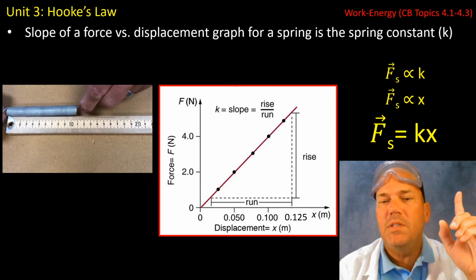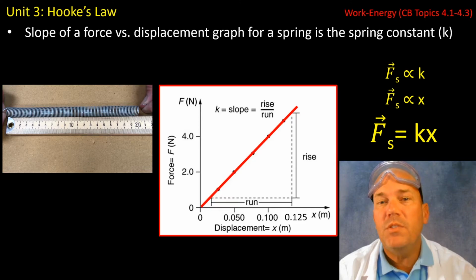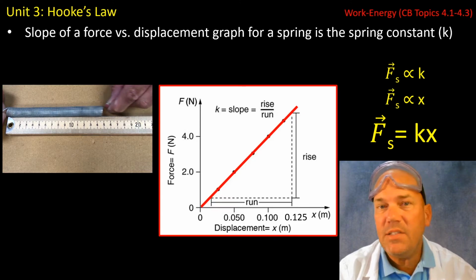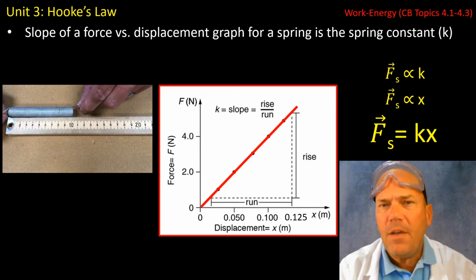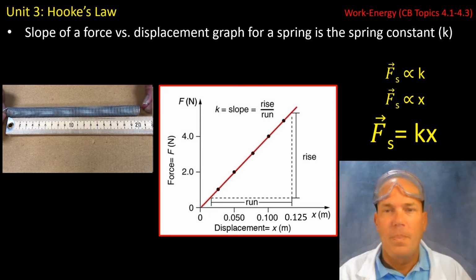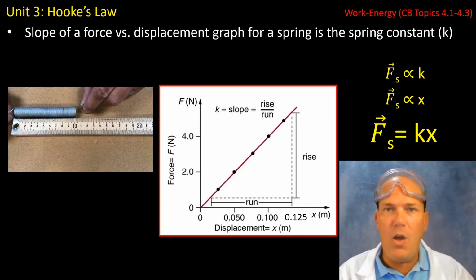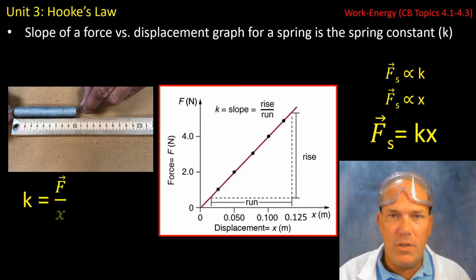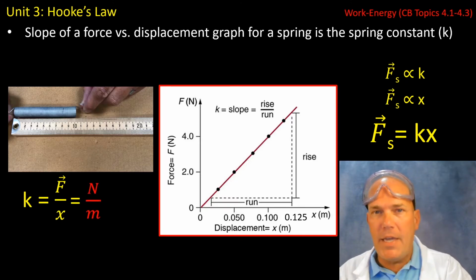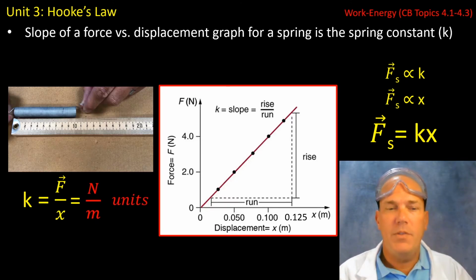So this force is increasing as a function of the displacement, resulting in a graph that has a constant positive slope, and the value of that slope would be the spring constant, k. Let's look at our units for slope. Let's look at Hooke's law. Let's rearrange Hooke's law to solve for k, which will enable us to look at the units for the spring constant.